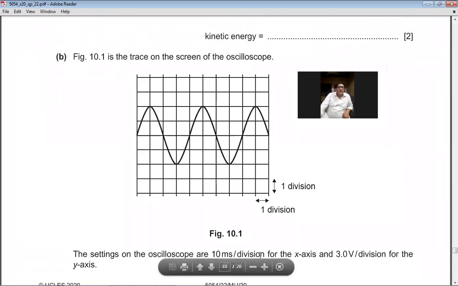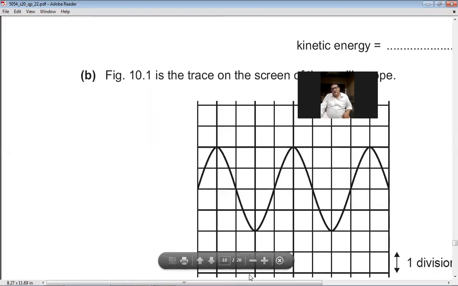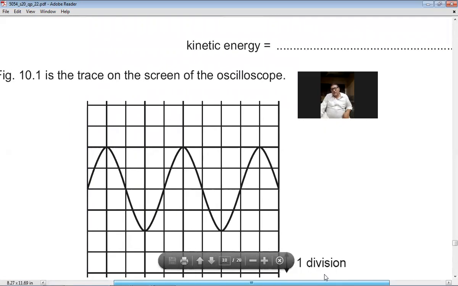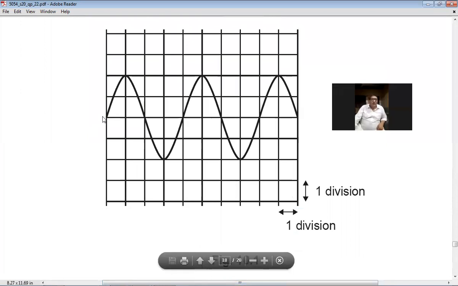Let me increase the size and I will show you how this is done. This is the mean position, and amplitude means from the mean position how high you went, or how low you went.